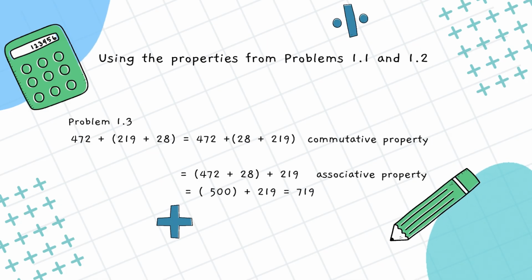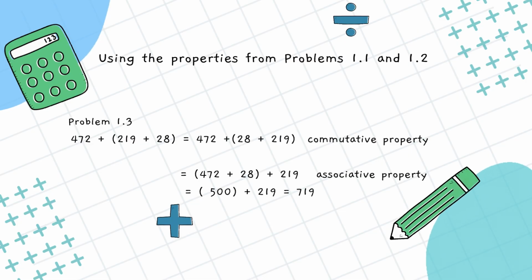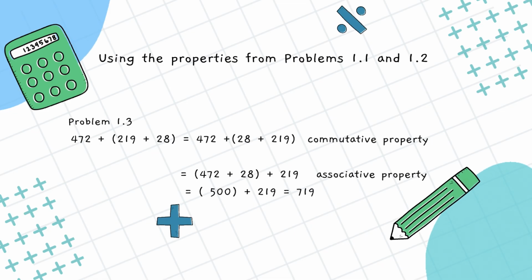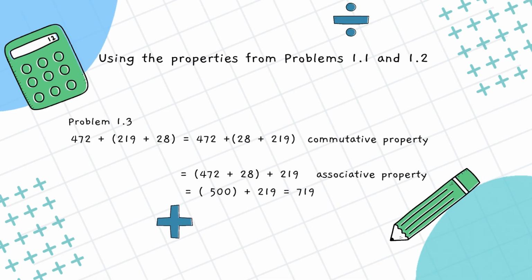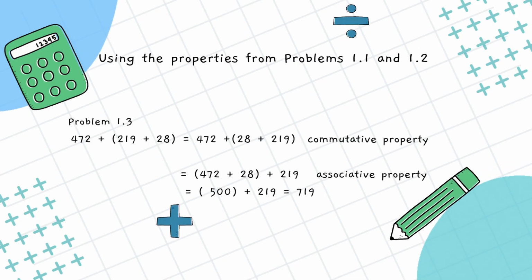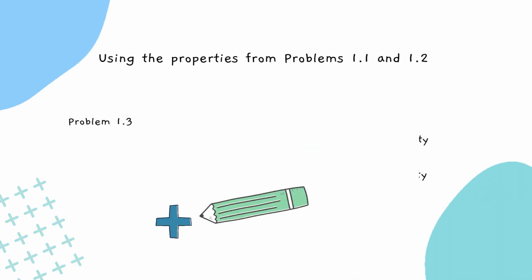Whether you use the commutative property or the associative property, you get the same answer. But the easiest way to compute is to take the sum of 472 plus 28, which gives you 500, and when we add what's left, 219, the answer becomes 719. So we rearrange our numbers and use our knowledge of the commutative and associative properties to rearrange a sum whichever way is best.